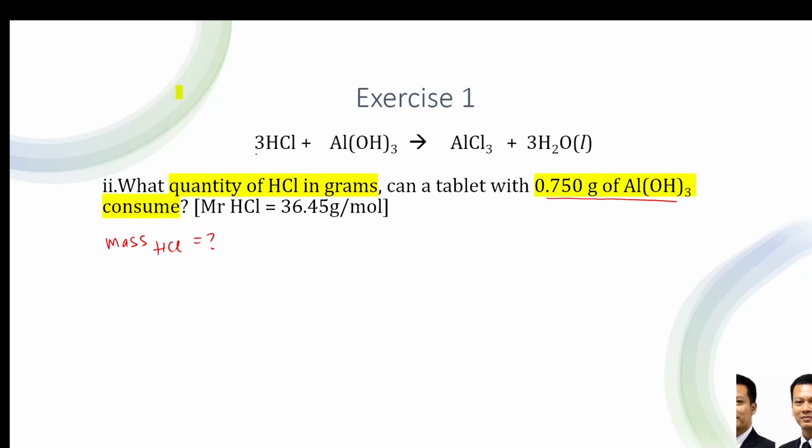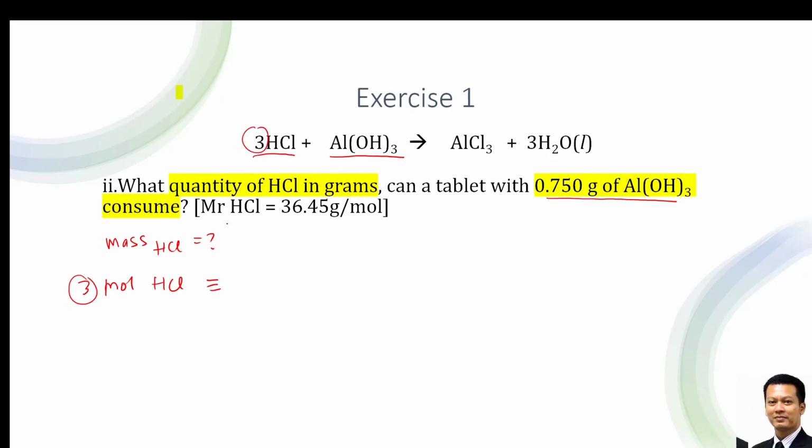So again, the stoichiometry relationship. You just write down 3 mole of HCl react with 1 mole of aluminium hydroxide. When it is not written here, it means that this one is 1. So what quantity of HCl in gram can a tablet with 0.50 gram consume?